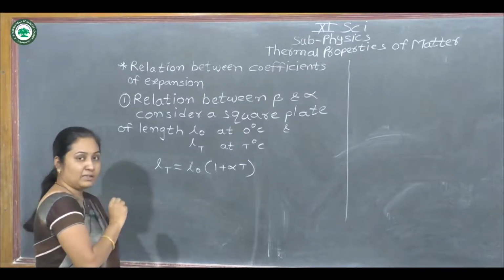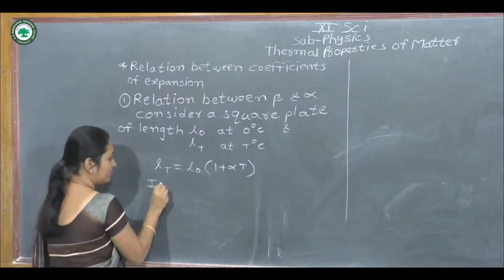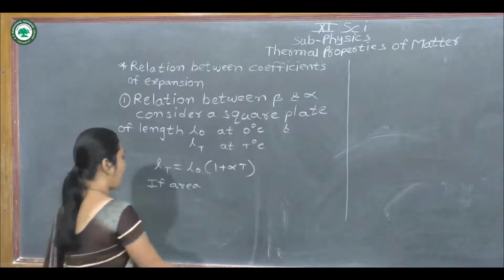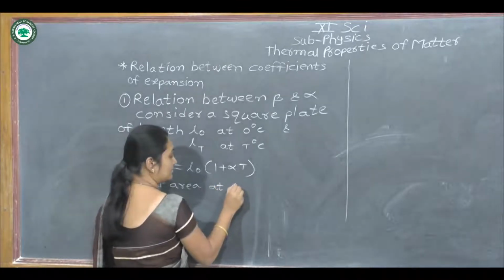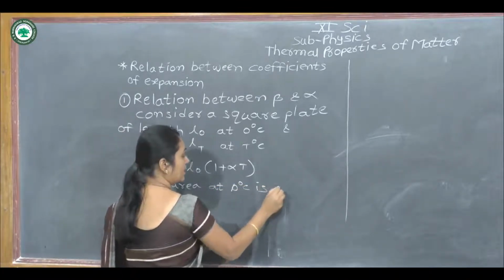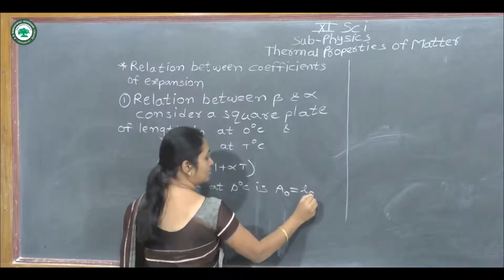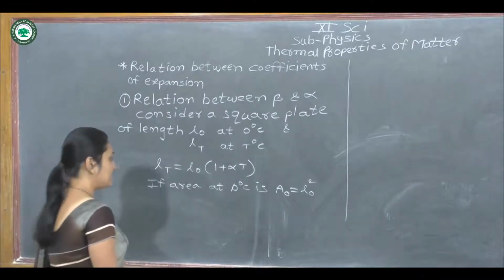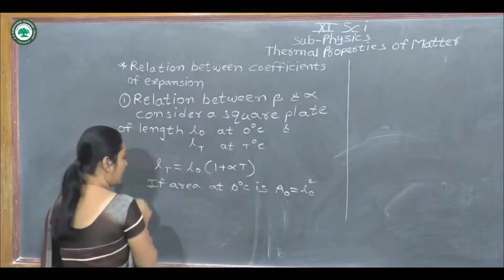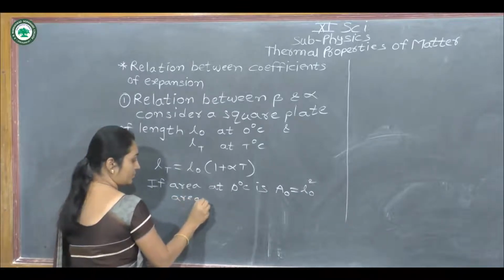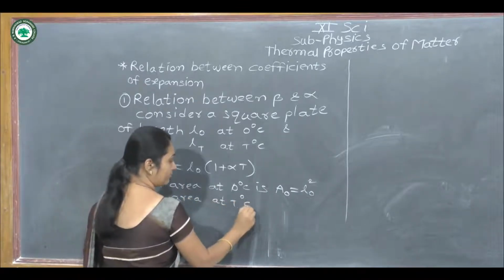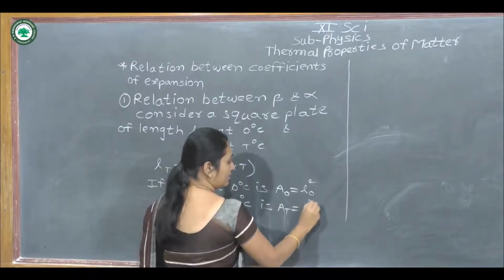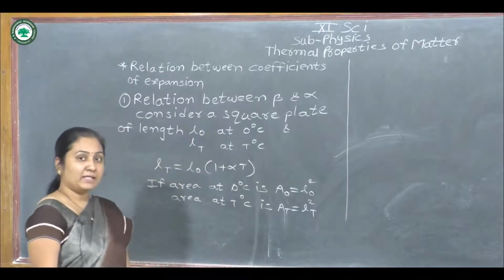Now suppose the area of this square plate at 0 degrees Celsius is A0, and it is equal to L0 square. Similarly, the area at T degrees Celsius is AT, which is equal to LT square.